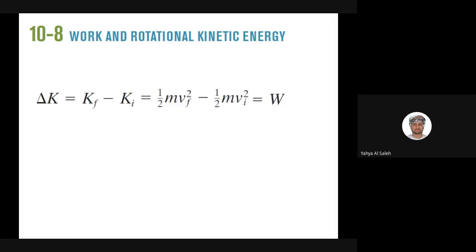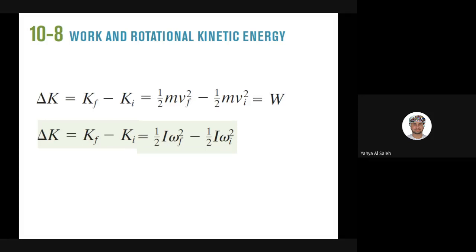How do we translate this to rotating? We translate, as we said before, half I omega f squared minus half I omega i squared is equal to work.